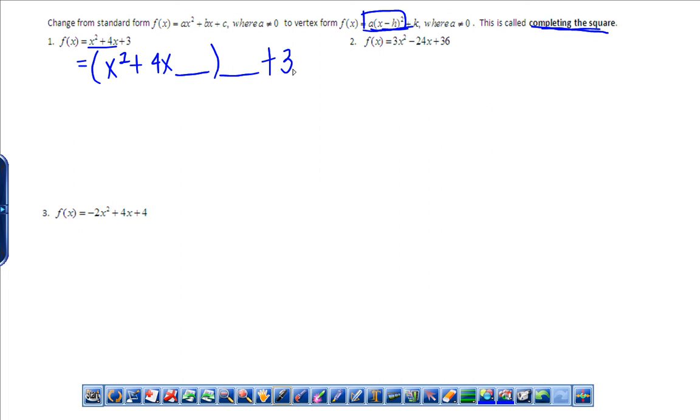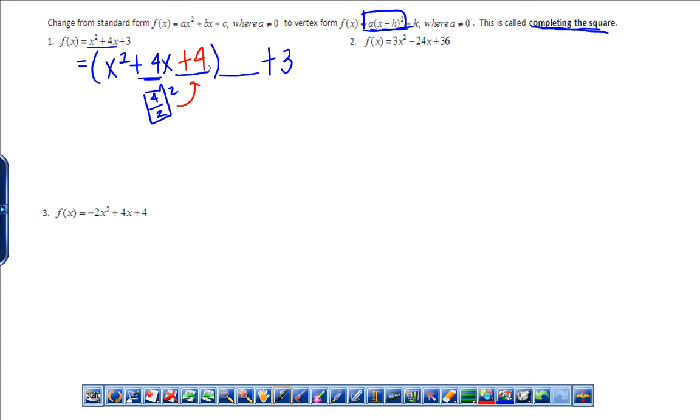And I'm going to bring my 3. Now, when completing the square, I'm actually going to add something to my equation, but I can't change it. I'm going to take my middle term, half it, box it, and square it. Whatever I get goes here. So 4 halved and squared gives you a 4.